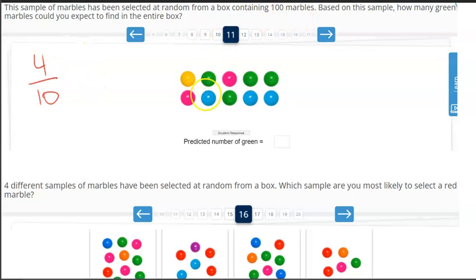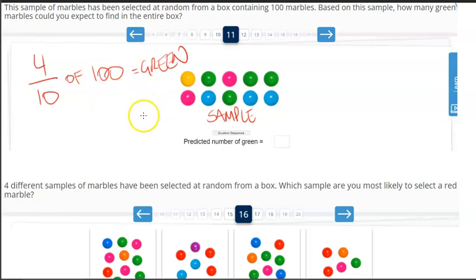Now, this is just 10 marbles out of the 100. How many green marbles would you expect within the entire box? So if there's 4 out of 10 within this sample here, I'm going to say that 4/10 of 100 is equal to green.